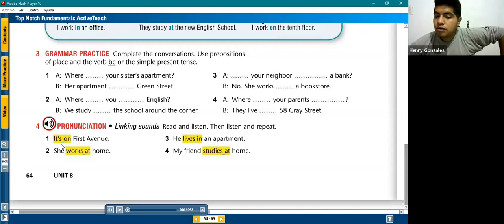It's on First Avenue. She works at home. Or he lives in an apartment. My friend studies at home.